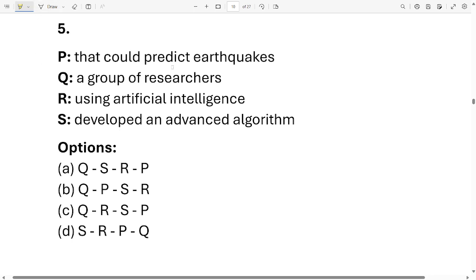Your sentences are: that could predict earthquakes. A group of researchers using artificial intelligence develop an advanced algorithm. These are the four sentences. Now rearrange it in a proper order.